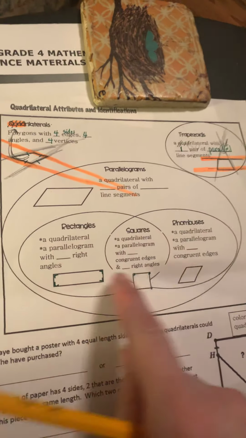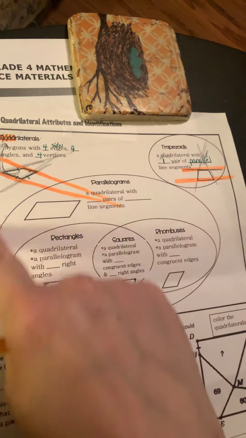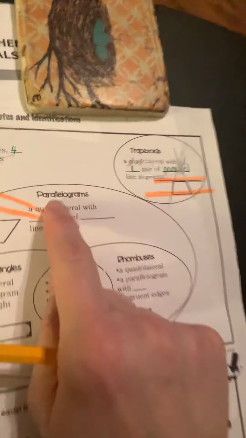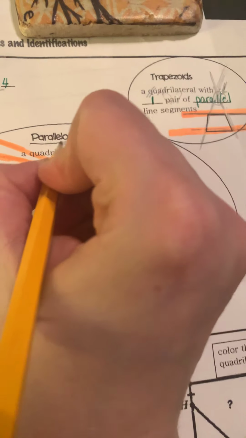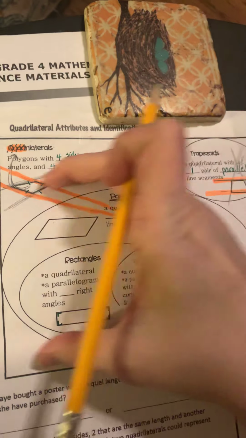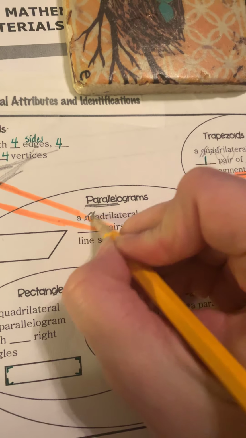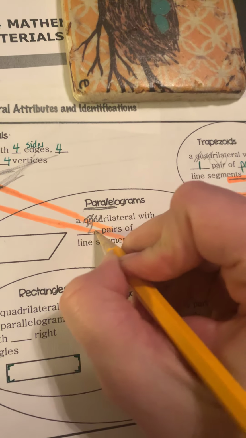Now notice that all of these are in this big bubble. This big bubble is called parallelogram, the root word being parallel. Parallelograms, which is everything in this bubble, are quads. They are the four-sided polygons with two pairs of parallel edges.